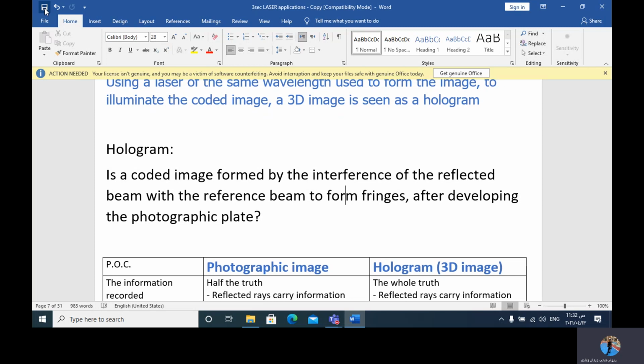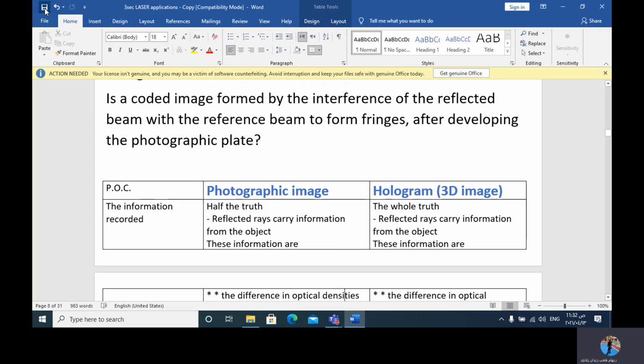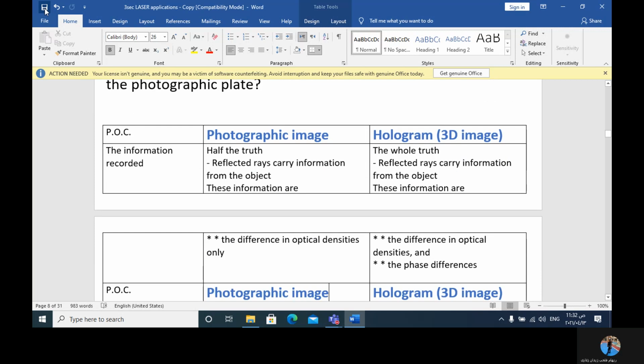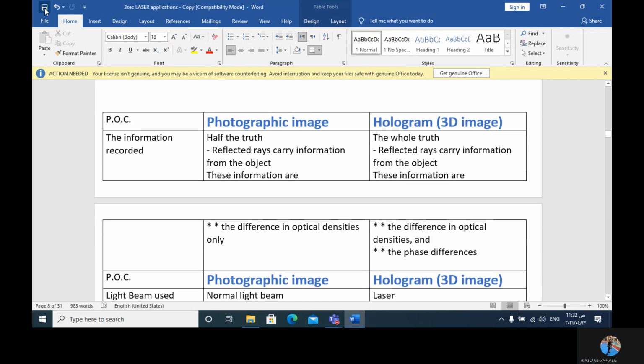Once the photographic plate is coded with this image, I can now shine laser on it, on this coded image, to see it.